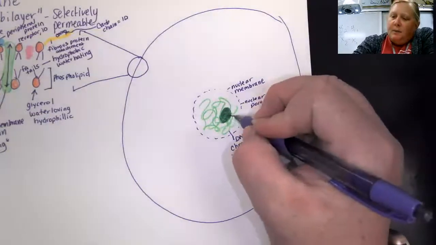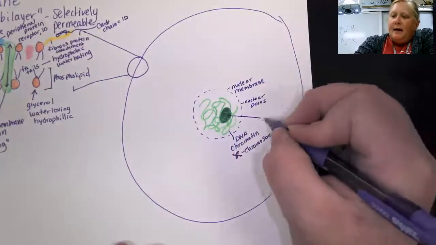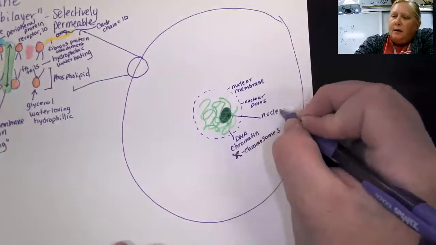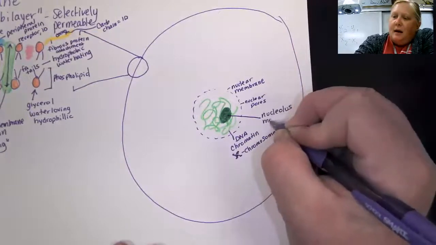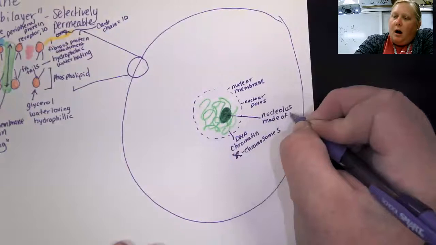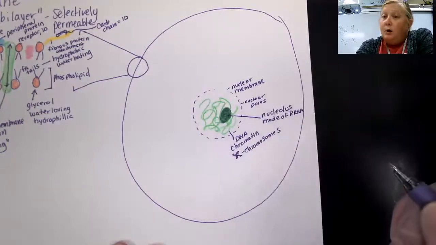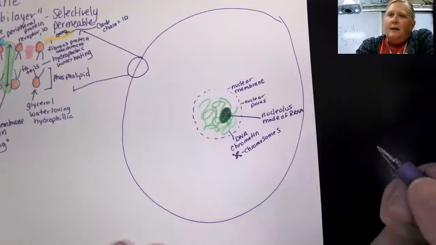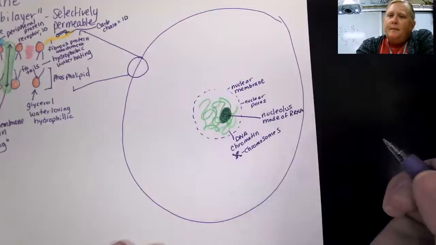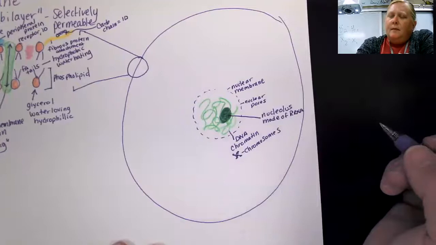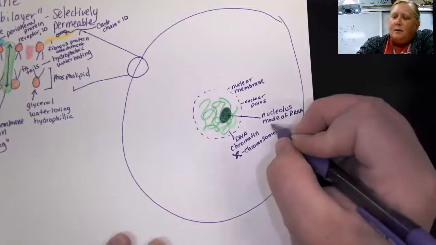This large piece of green on the inside here is the nucleolus. This is made of rRNA, ribosomal RNA, and it makes ribosomes.